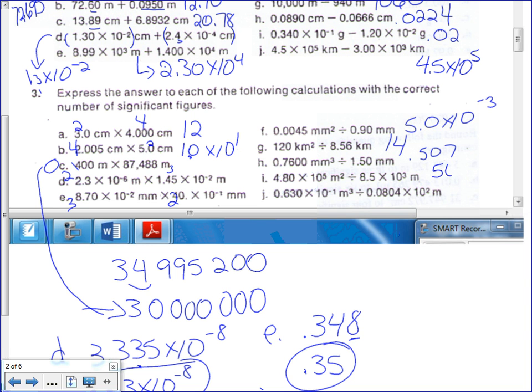I is 56. And J, 7.84 times 10 to the negative third. All right. So if you have questions over these, please say something to me in class. You don't necessarily have to have them in scientific notation. Some of them you can leave in decimal format and still get the correct answer.